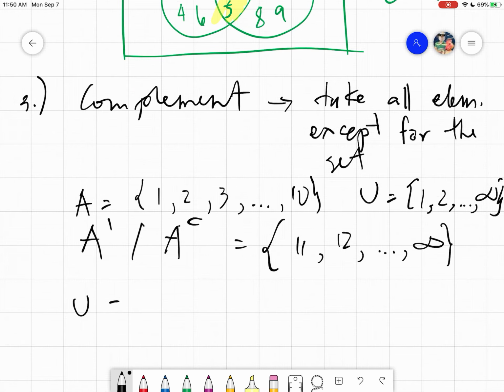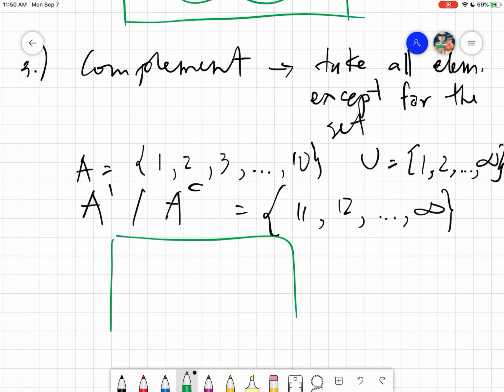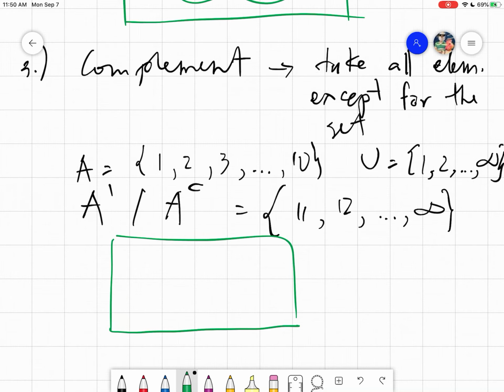So again, if we will try to express this one using the Venn diagram, it would be like this. Ito yung universal set at ito si set A. At ang elements ni set A: 1, 2, 3, 4, 5, 6, 7, 8, 9, and 10.